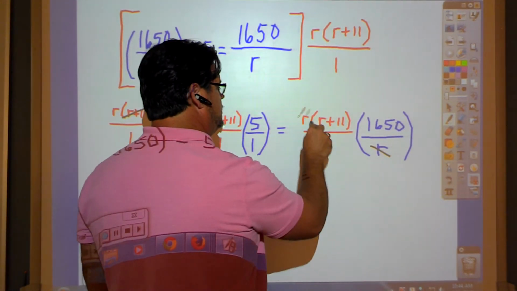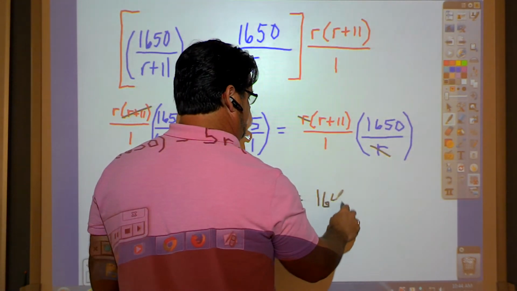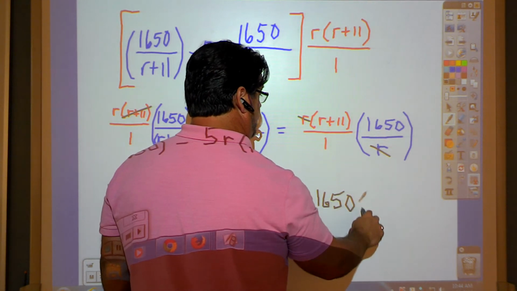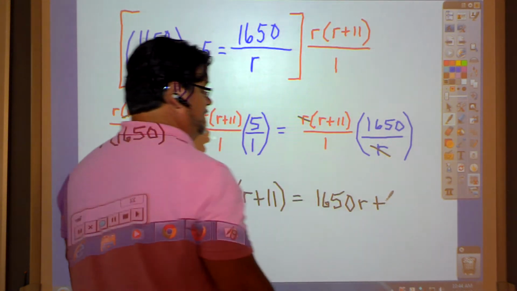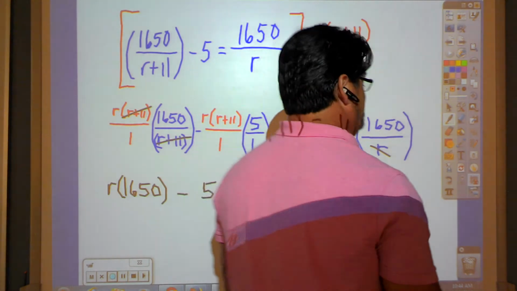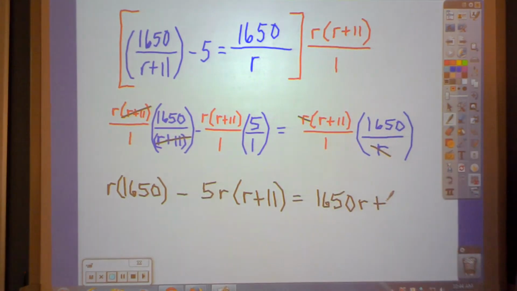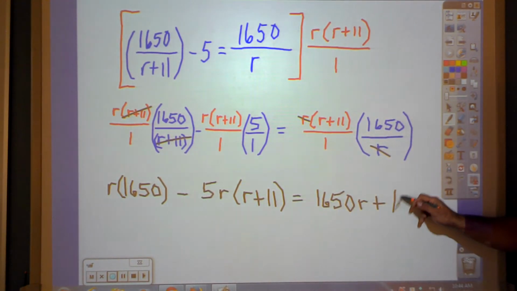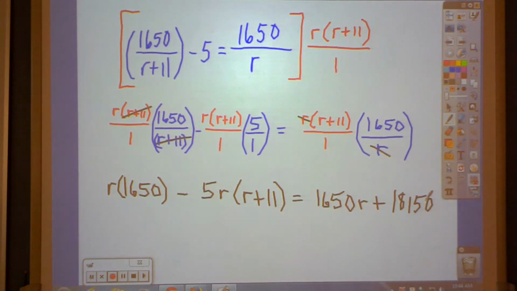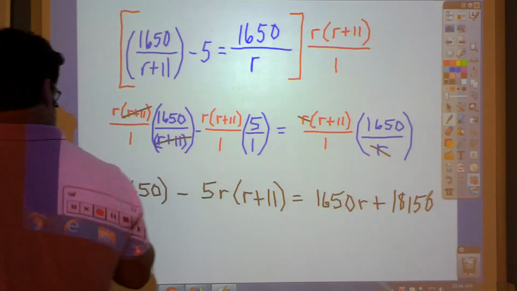R's cancel, 1650 R plus, somebody got that? It's 18,000 something. 18,150. Okay, now distribute or multiply, distribute.